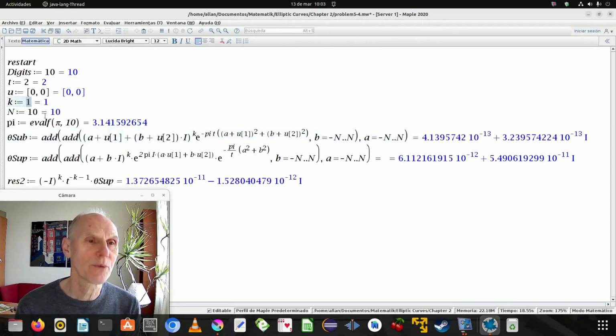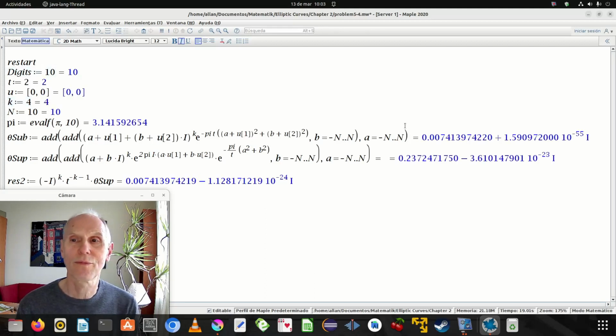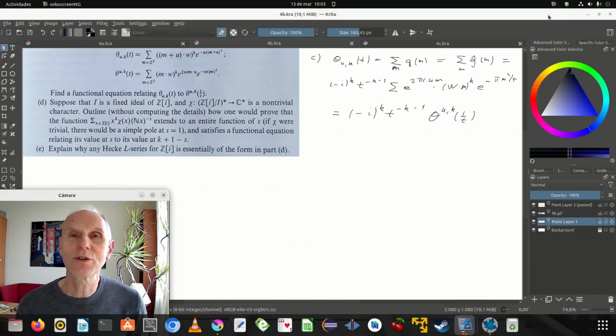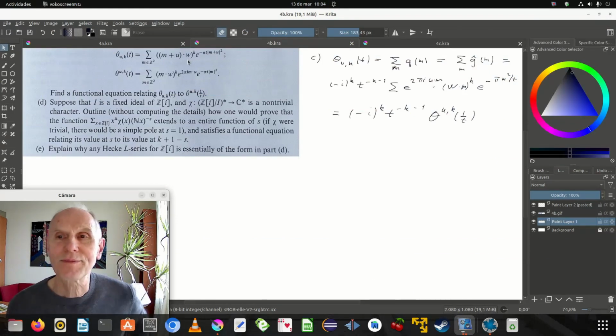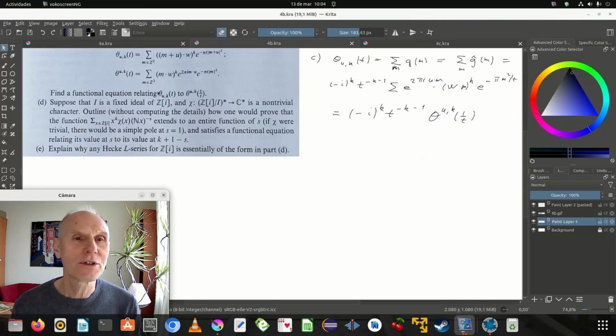K to the fourth. Here we get something very distinct from naught, but the formula agrees again. So nowhere do we need the fact that u is a non-integer, or not a pair of integers. All right. So now I'm confident this formula holds. So let's go to part D.